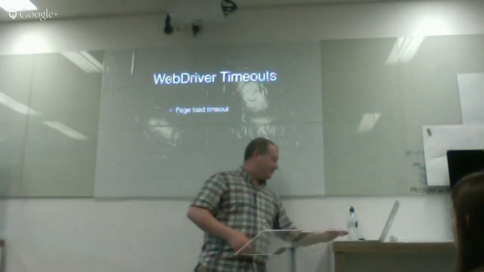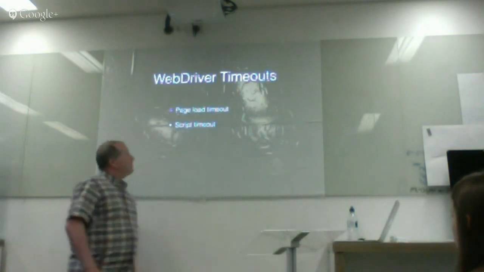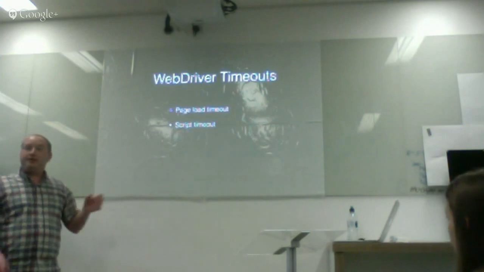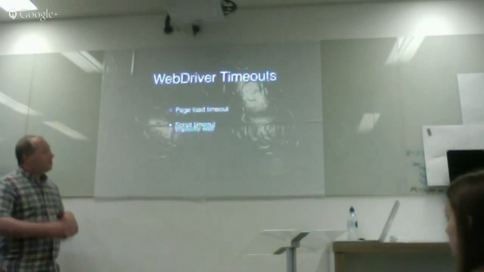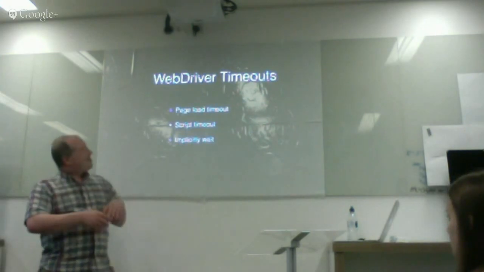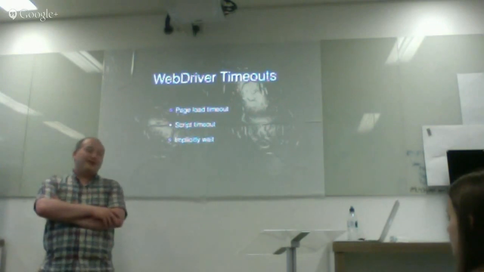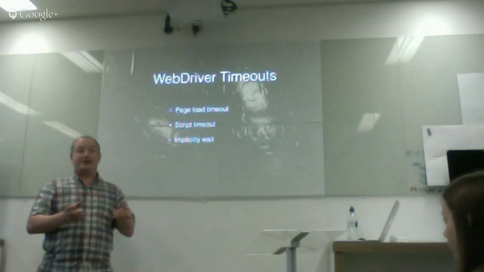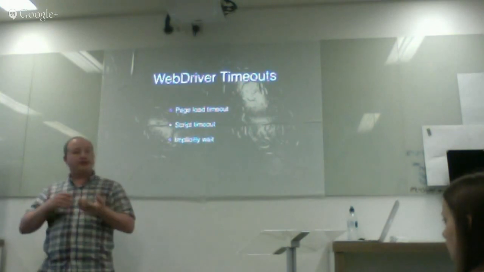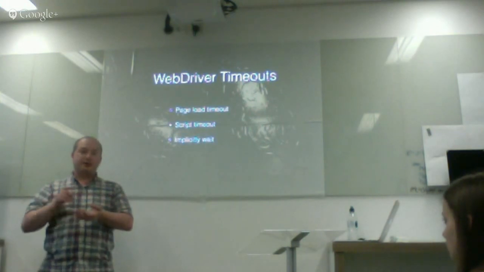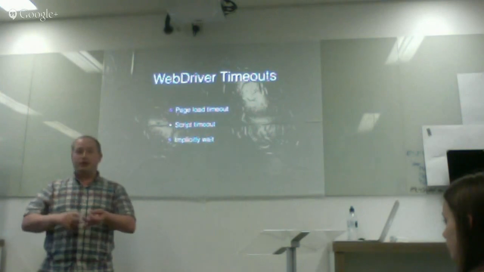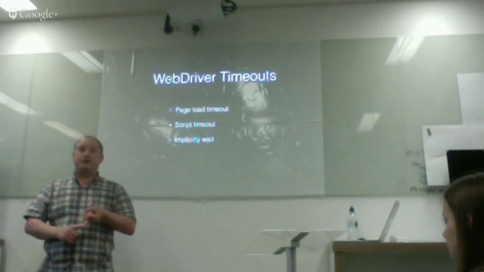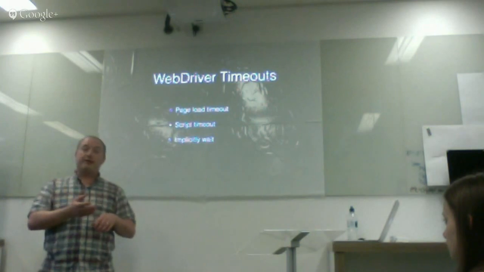The next one is a script timeout. Again, something people don't generally see. WebDriver allows you to execute JavaScript. So you can pass a driver object into a JavaScript executor, and you can send JavaScript which works straight away, or you can send asynchronous JavaScript which does some work and provides a callback to Selenium.